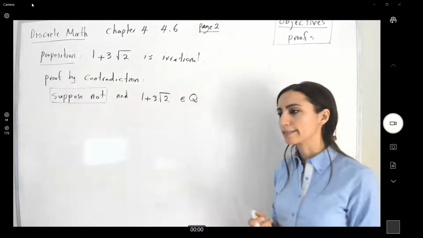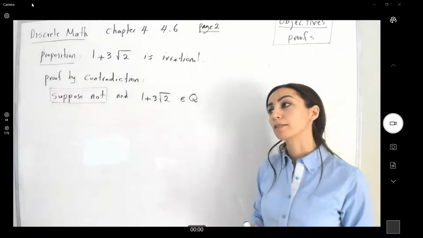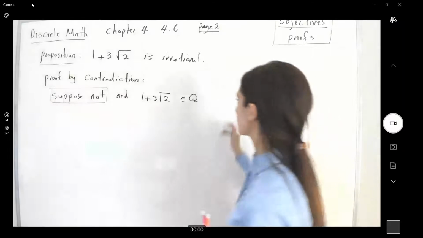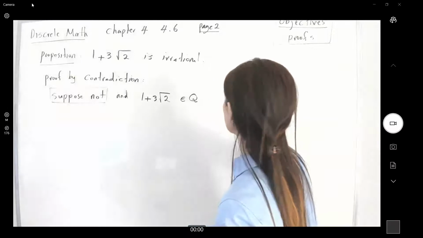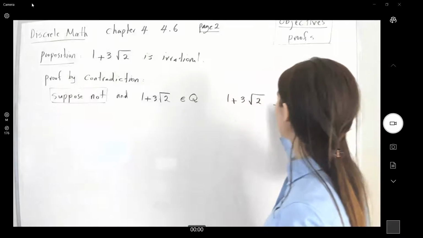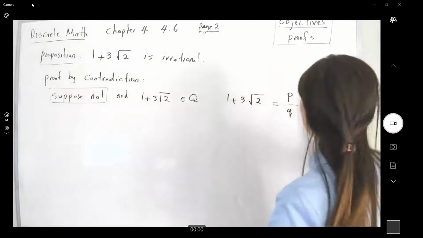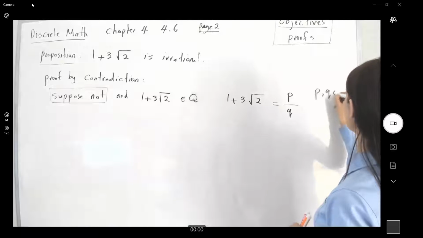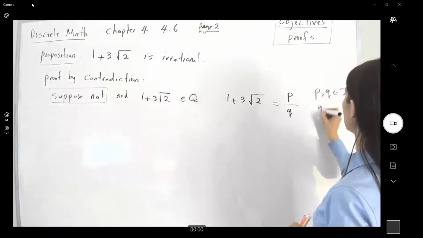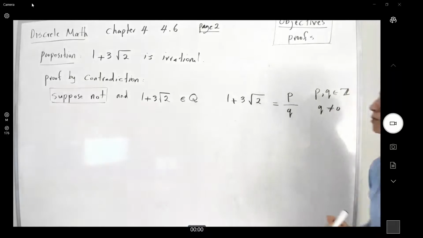Since this is rational, based on the definition of rational numbers, I can write 1 plus 3 times square root of 2 as p divided by q, where p and q are integers and my denominator is never 0.